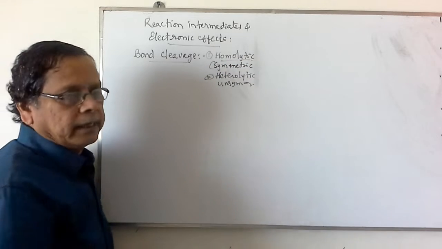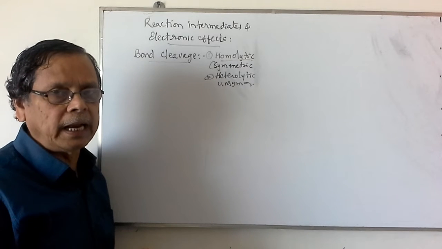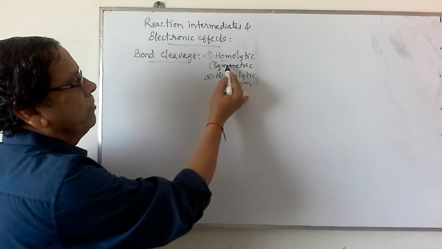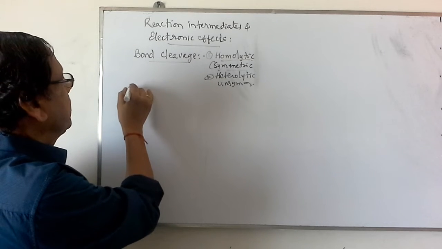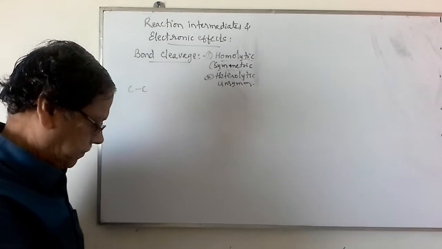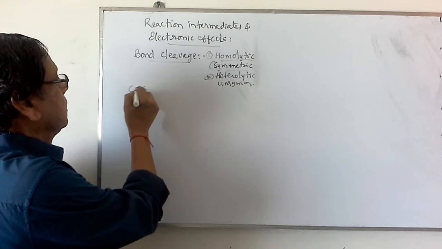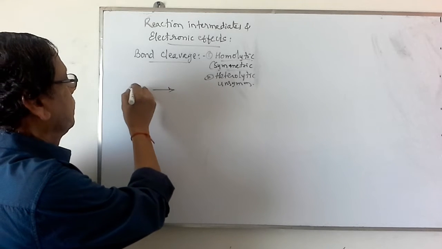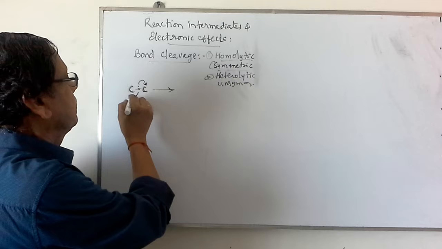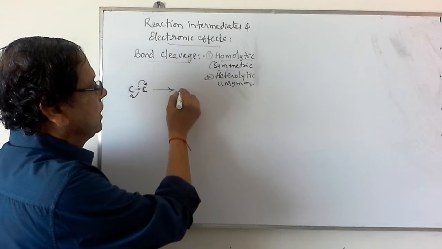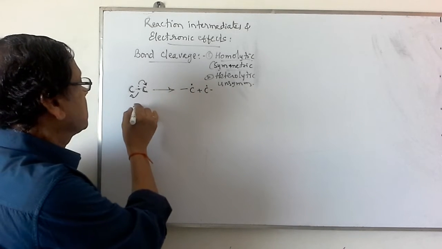Now when you consider this homolytic, generally when the bond is cleaved between the two atoms which are having almost equal electronegativity, then such a bond is cleaved so that each atom will get one electron. Suppose I have this carbon and X group.